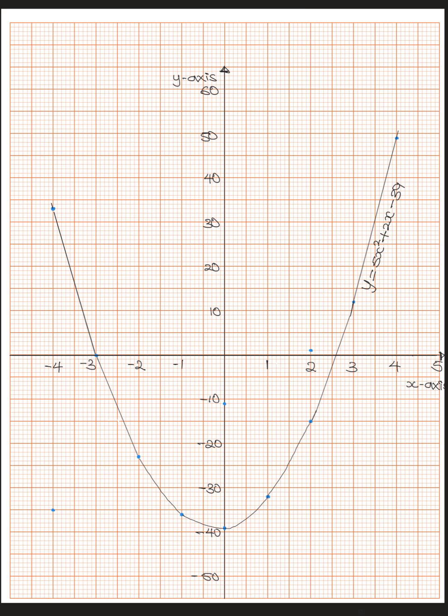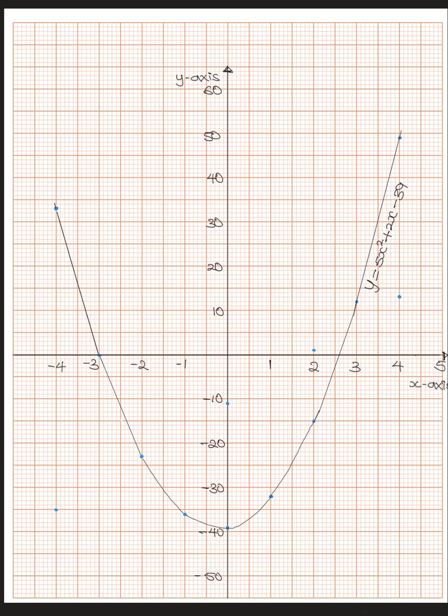Positive 13 is 3 small boxes above 10. So that is the point here. Now let's join the points with a ruler. And that is the graph of y is equal to 6x minus 11.